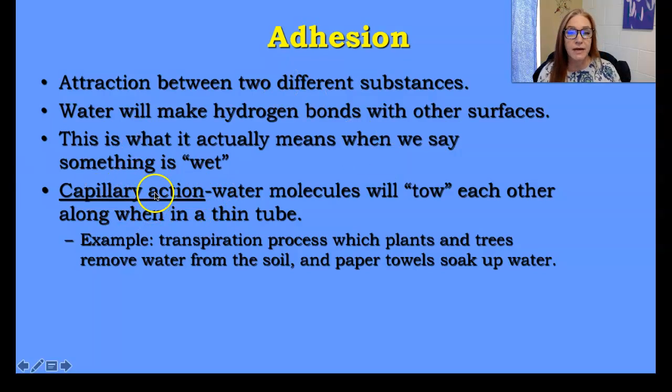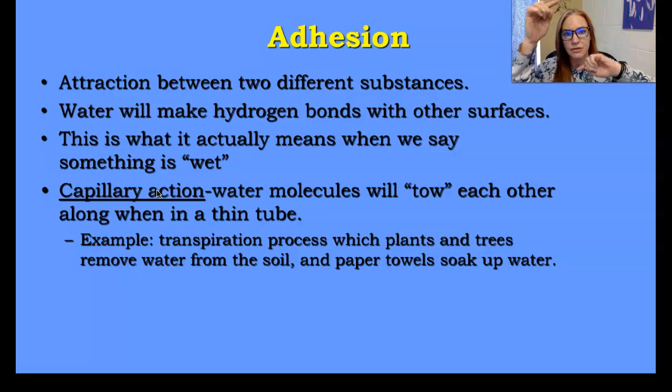It causes capillary action, which is the other part of helping plants make sure they get enough water. These hydrogen bonds will form inside of the vascular structures in plants, the xylem and the phloem, the xylem specifically. The water molecules will stick to the inside structures of the plant's tubes and then start to climb.